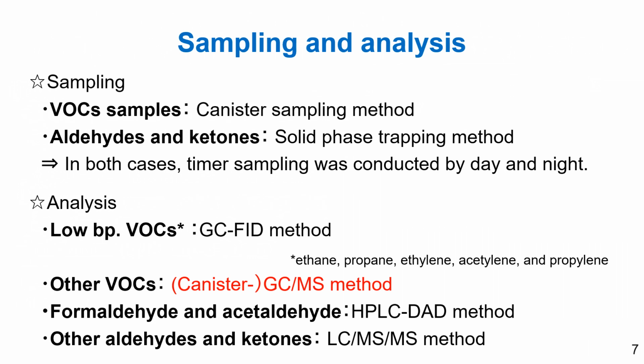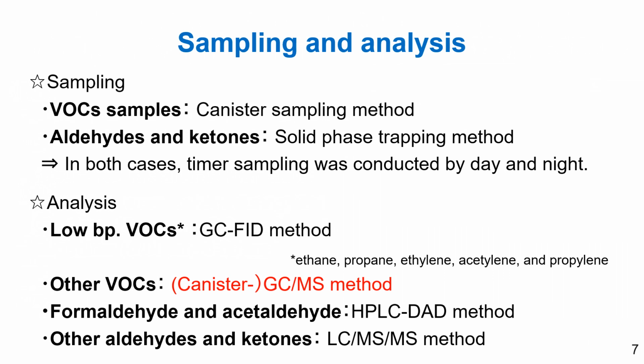For the analysis of low boiling point VOCs, such as ethane, propane, ethylene, acetylene, and propylene, the GC-FID method was used. For the other VOCs with the highest number of analyzed components, the Canister GC method was applied.